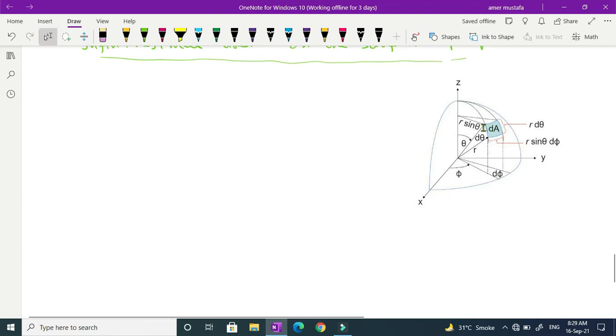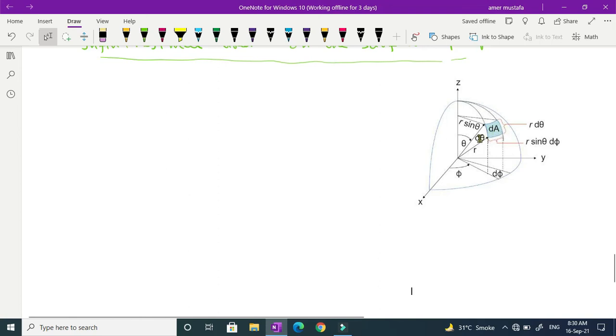If this radial line rotates, theta is changed, and the change of theta is d theta, and due to this change of theta the length of this area element will be equal to r d theta.